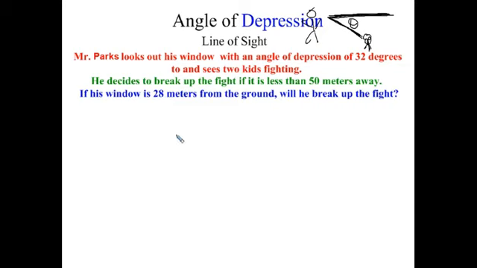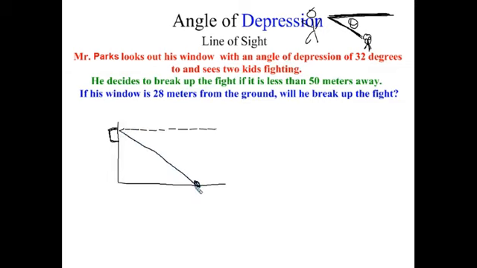Again, let's draw a picture to visualize this. We'll say this is his window, and we've got the ground. So Mr. Parks is looking out his window. Normally when you look out your window, you look straight across. But it tells us he's looking down, at an angle of depression, at two kids fighting.